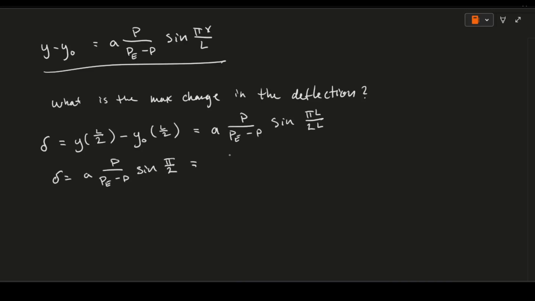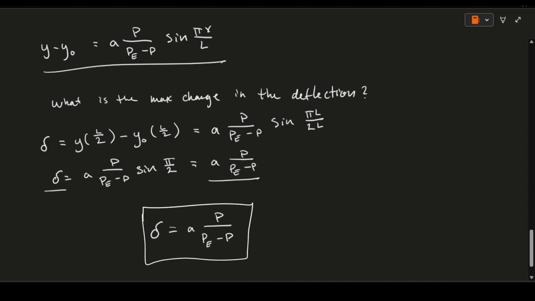And that's 1, so we get a P over P_E minus P. So the maximum deflection is equal to a times P over P_E minus P. Okay, that's it.